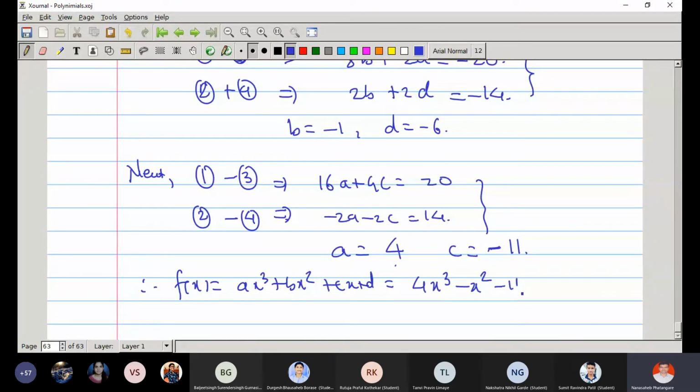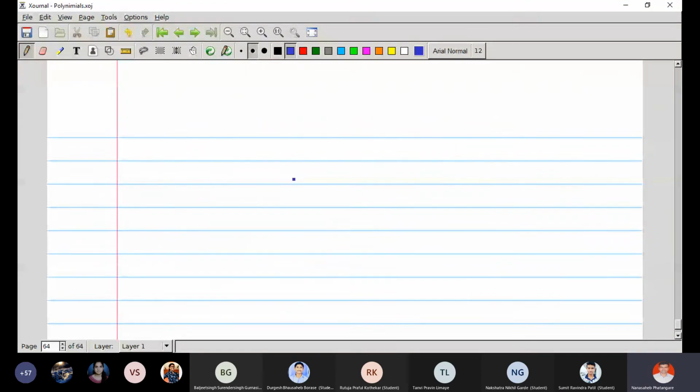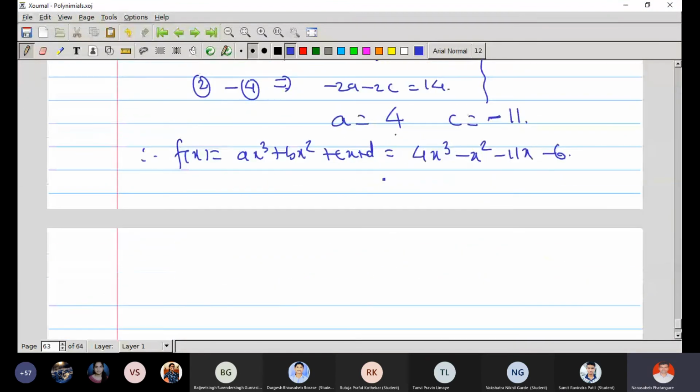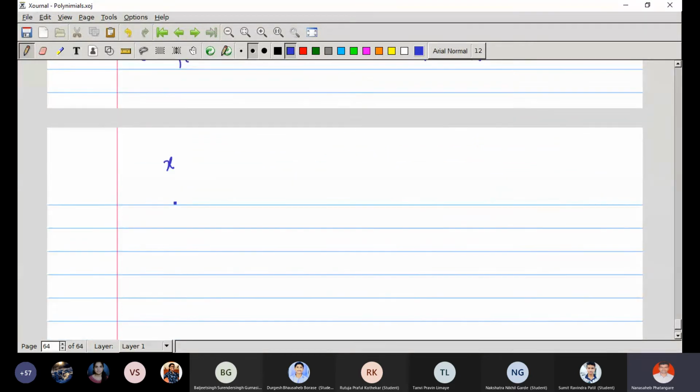And this is a very interesting problem because somebody was asking what is the use of polynomials, right? I will tell you how this problem is very interesting. What was given? You were given some values x and y. If y is equal to f(x), this is my function, suppose.